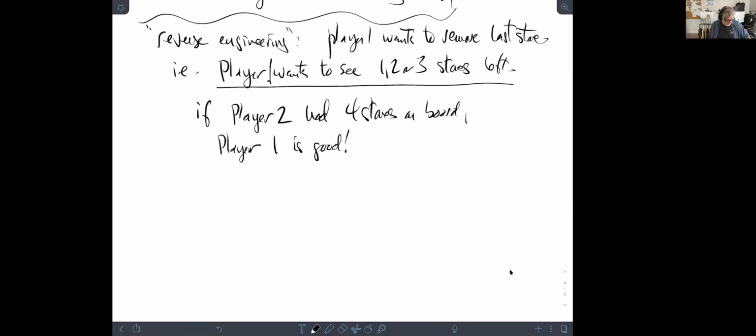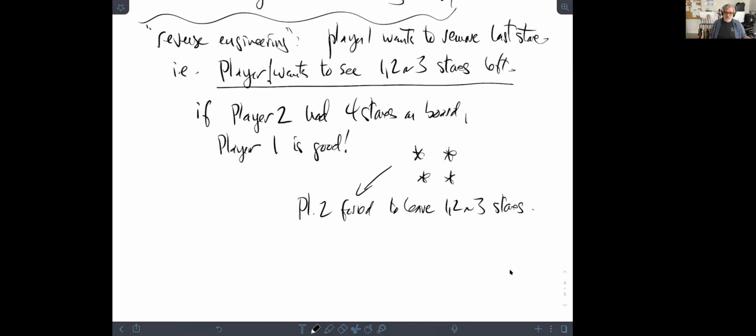Because if there are 4 stones and player two has to remove 1, 2, or 3, what will be left? 1, 2, or 3, right? So player two is forced to leave 1, 2, or 3 stones.